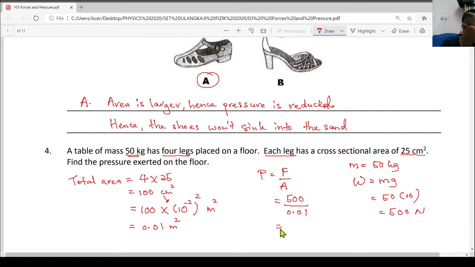You do your calculation, you should be able to get 50,000 Newton per meter square. Now remember that this Newton per meter square, the other name for this is Pascal, right? So you can write the unit to be 50,000 Pascal.